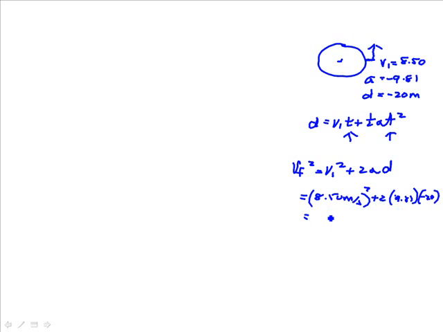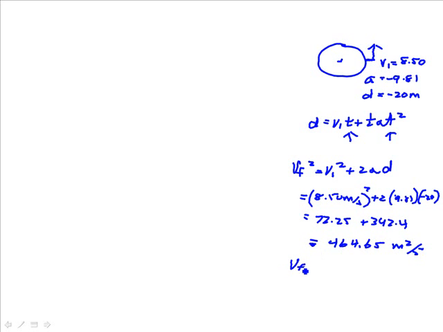And what we get with that is 72.25 meters squared per second squared plus 392.4, and that gives us a total of 464.65, and that of course is meters squared per second squared.